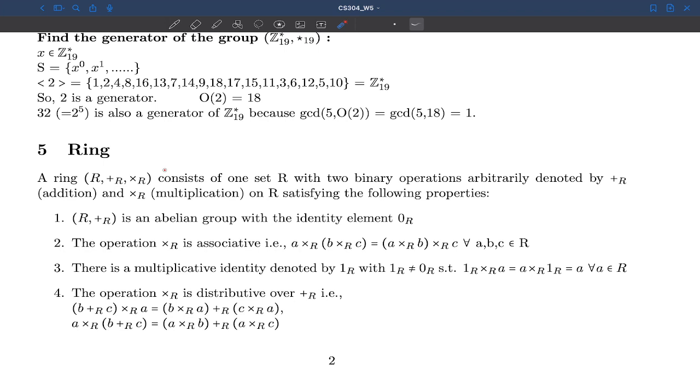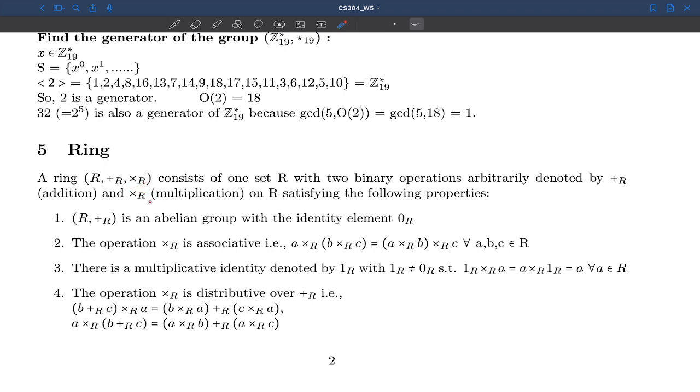We know that in R there will be some elements which are not invertible under the second operator, and some elements which are invertible with respect to it.